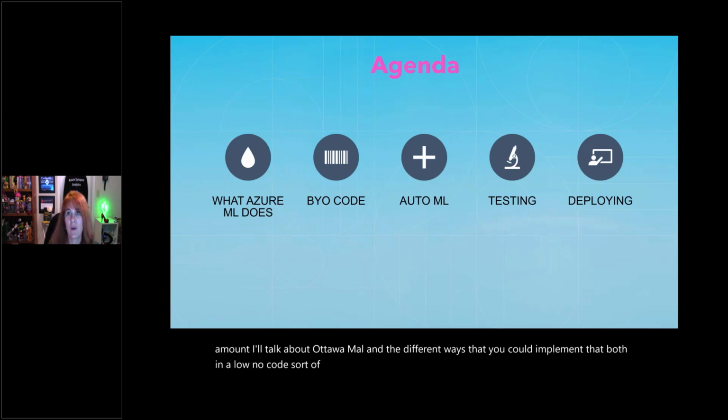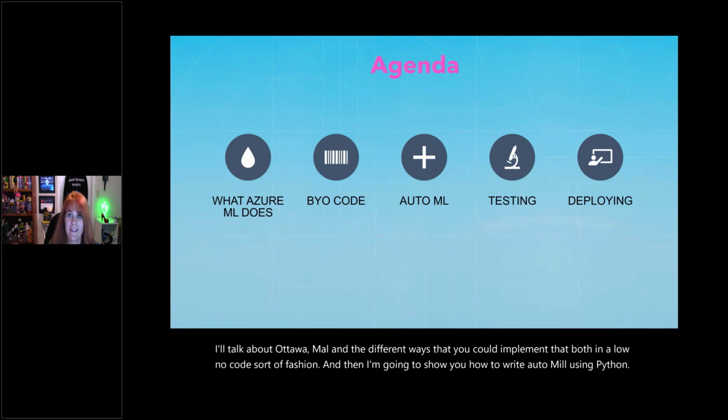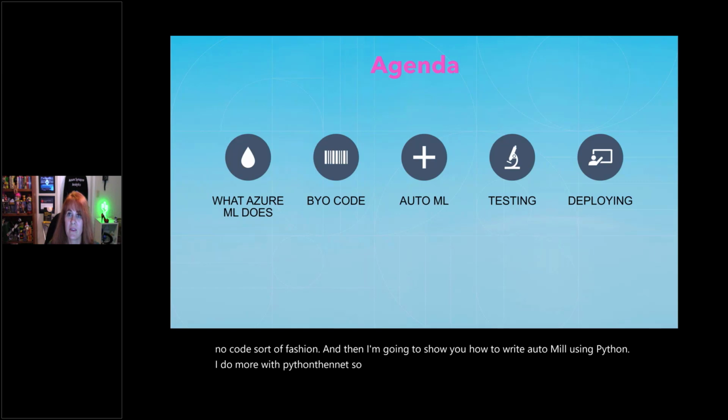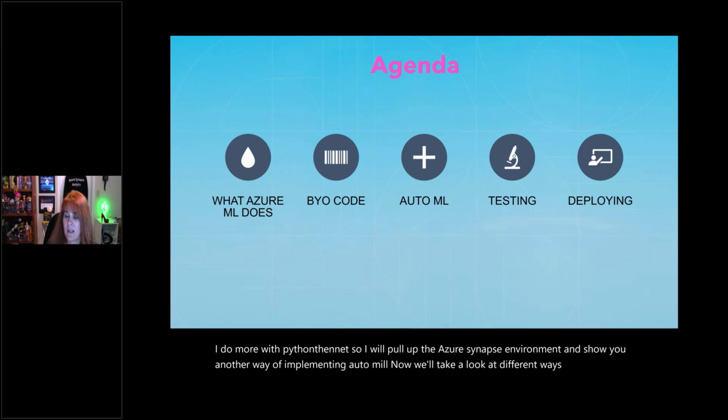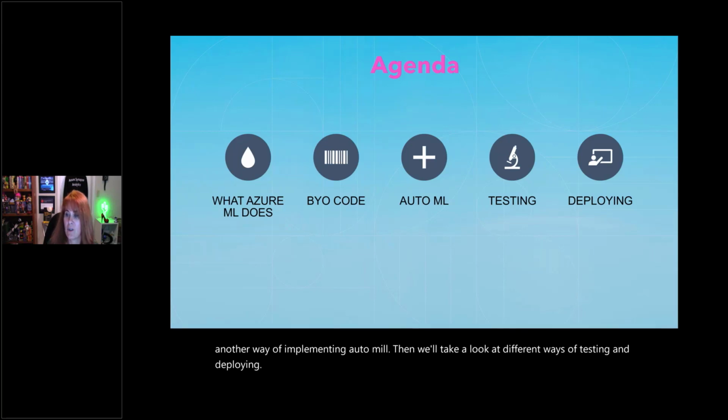And then I'm going to show you how to write AutoML using Python. I do more with Python than .NET, so I will pull up the Azure Synapse environment and show you another way of implementing AutoML. Then we'll take a look at different ways of testing and deploying your machine learning solutions.